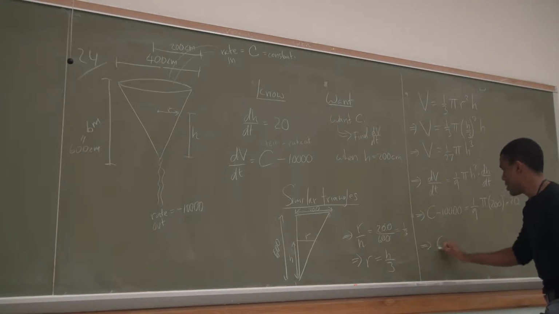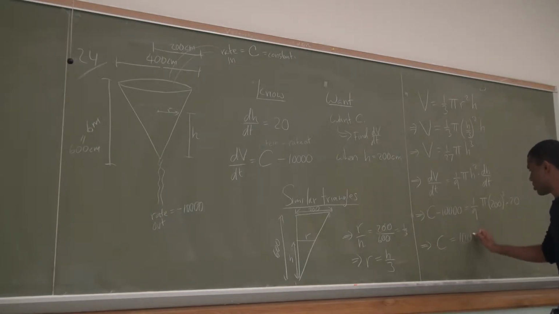So your C is 10,000 plus pi over 9 times 20 times 200 squared. What was that? About 2.9 times 10 to the 5, in centimeters cubed per minute.